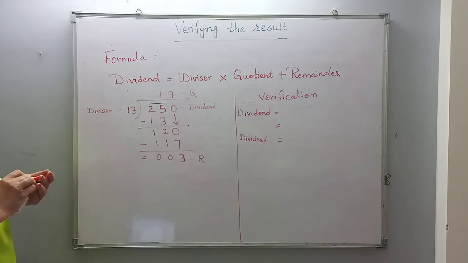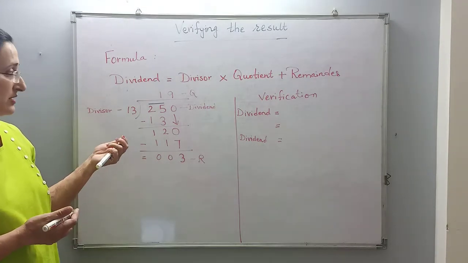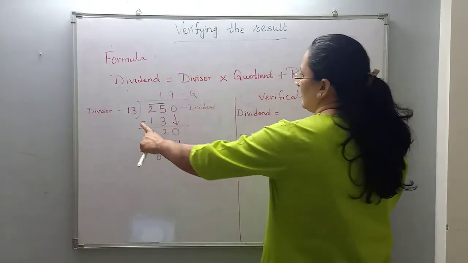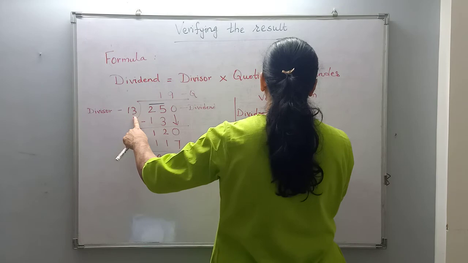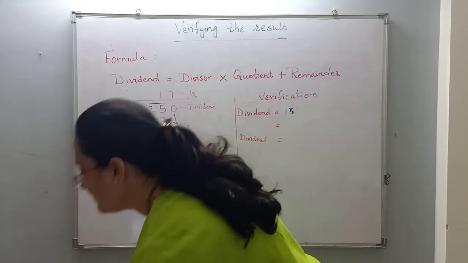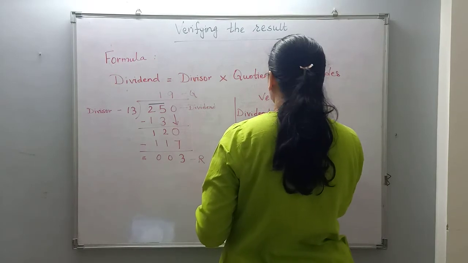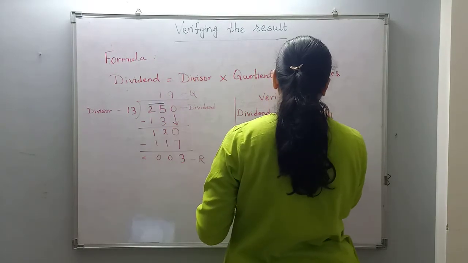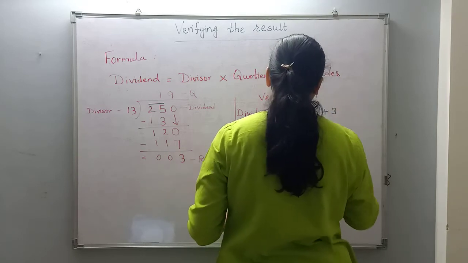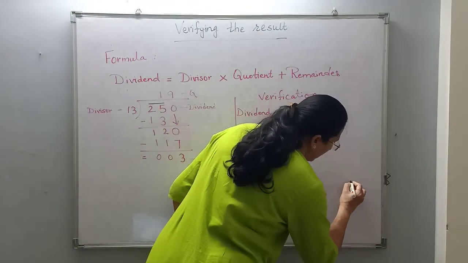So now let us check whether we have done the division sum correctly. So as per the formula, divisor multiplied by quotient plus remainder. Now here I am going to do 13 multiplied by 19.